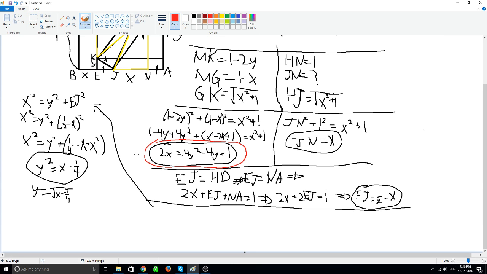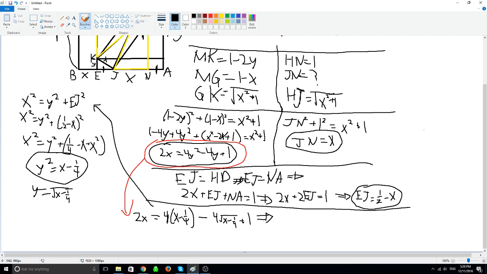And then now we're going to bring this down right over here. So now we have 2x is equal to 4 times (x minus 1/4) minus 4 square root of (x minus 1/4) plus 1. Now, I really have no space, so I'm going to try and just fit all this. It should be very straightforward on how to simplify this.